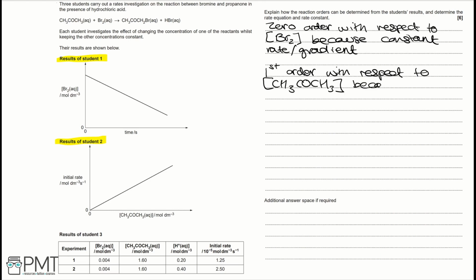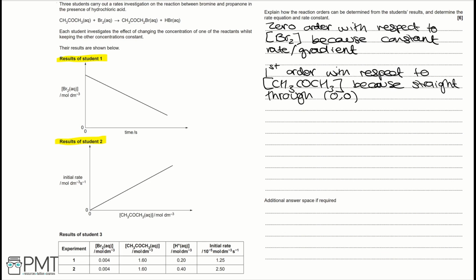The reasoning behind this is that we've got a straight line through 0,0, or through the origin, and it's a directly proportional relationship. So as the initial rate increases, the concentration of CH3COCH3 will increase by the same amount, or vice versa.